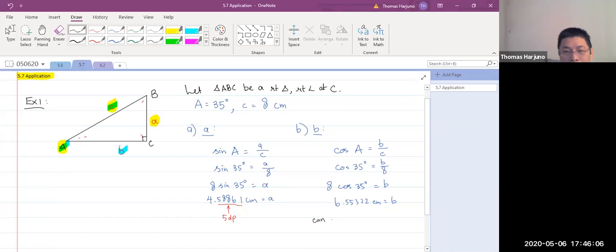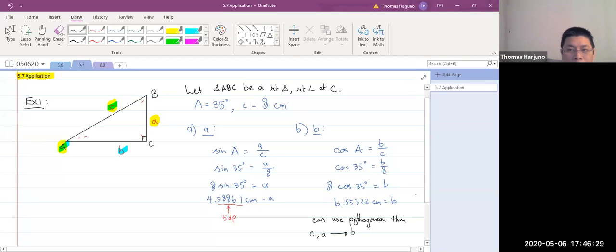Now, of course, you can also use the Pythagorean Theorem, right? Because you already know a from part A. Using c and a from part A, you can find b.